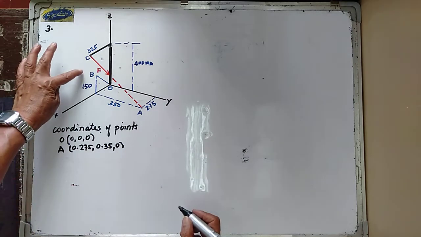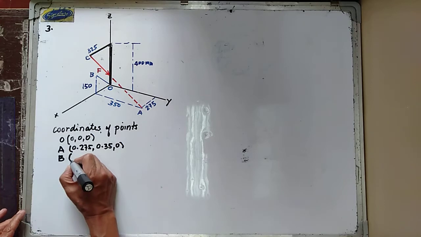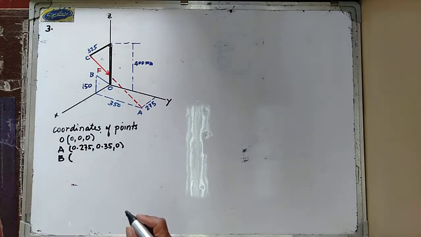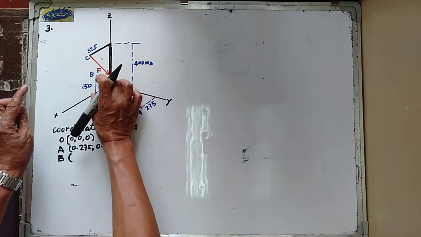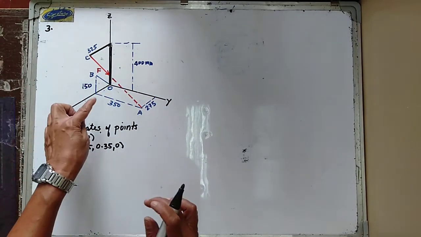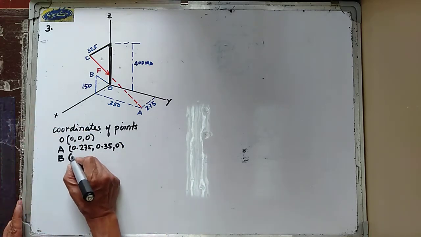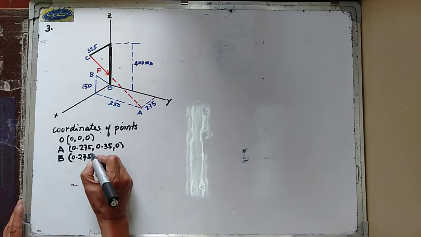Let's proceed to point B. So the coordinates of point B in the x-axis is still equal to positive 275 mm, or that is again 0.275 meters.